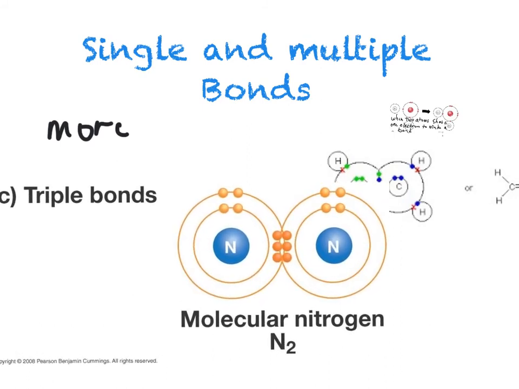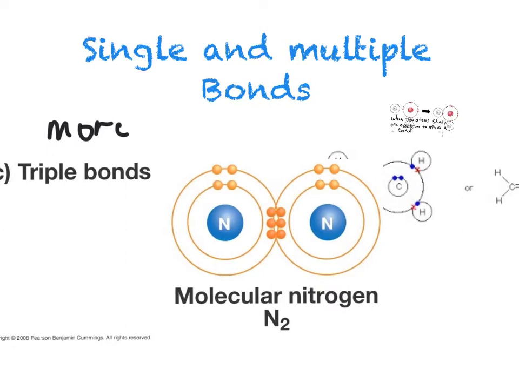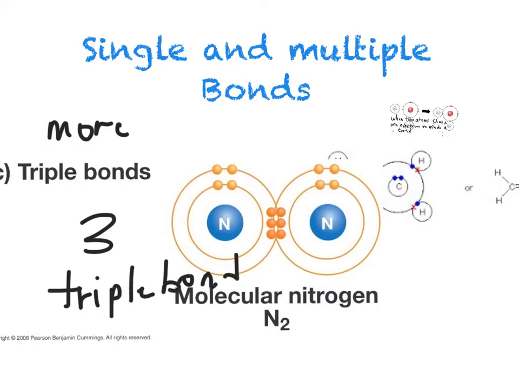In this example, 1 nitrogen is sharing 3 electrons with the other. This is called a triple bond. And this is the triple bond right here.